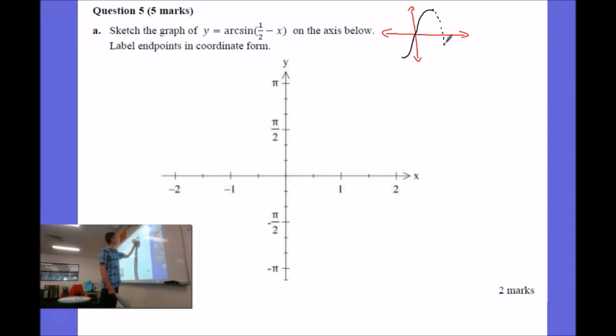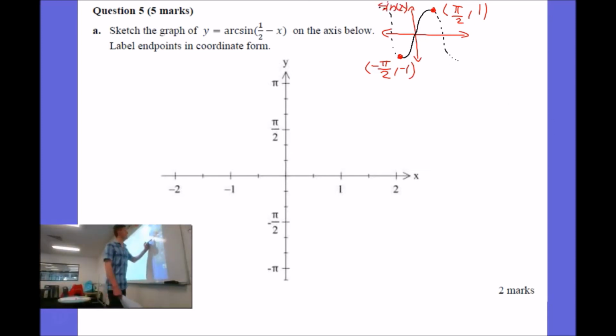So here's the continuation of the sine graph. The endpoints closest to the origin are at the stationary points here, and we get the values pi on 2 goes to 1, and minus pi on 2 we go to a minus 1. So there's our standard sine.